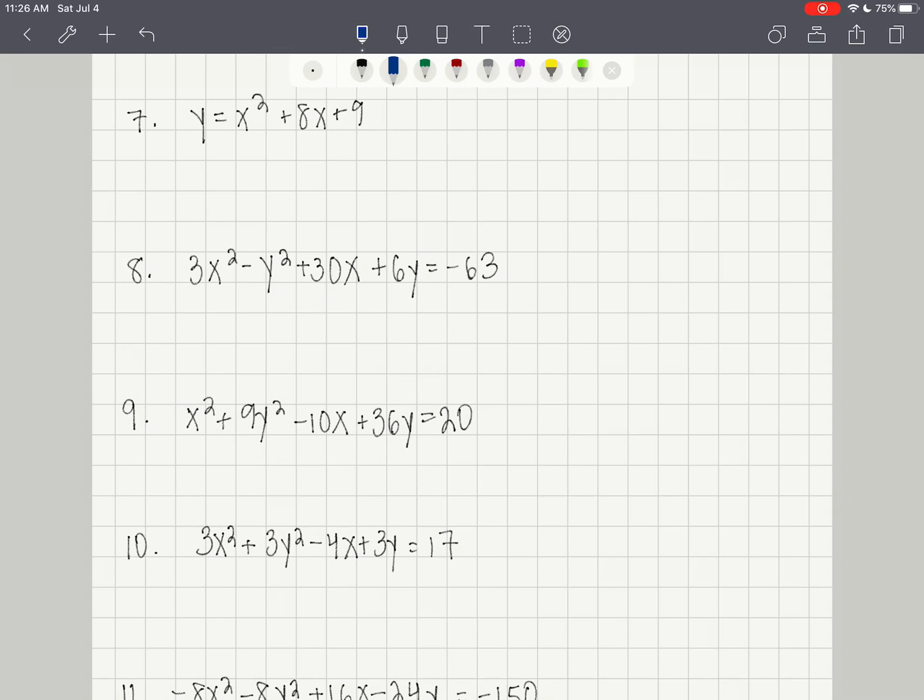Okay, hopefully you know how to explain these. So now I'm just going to go through and give you answers, just the answers, whether it's a circle, an ellipse, a hyperbola, or a parabola. Number 7 is a parabola. And that one is opening vertically.